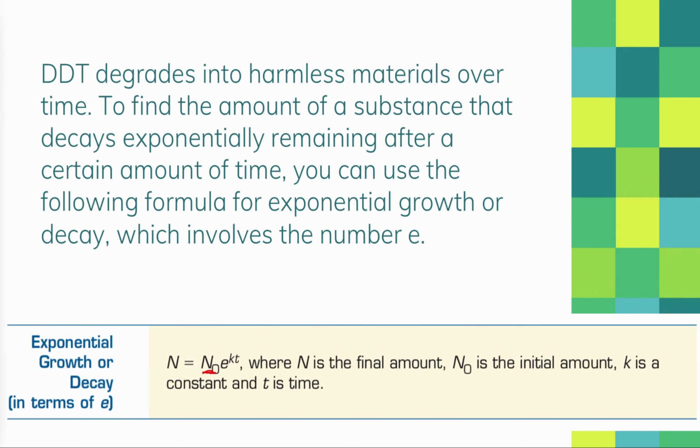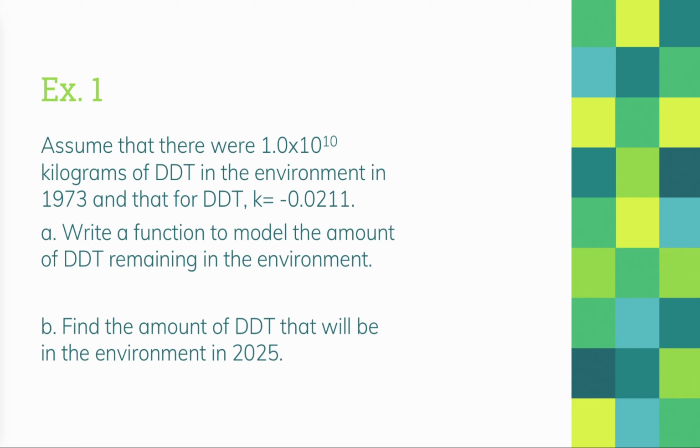We have N equals N0, that's our initial amount, but instead of 1 plus some growth rate, we have the number e to the kt. t is the amount of time, and k is a constant affecting the growth rate. k will usually be given to you unless you need to solve it.